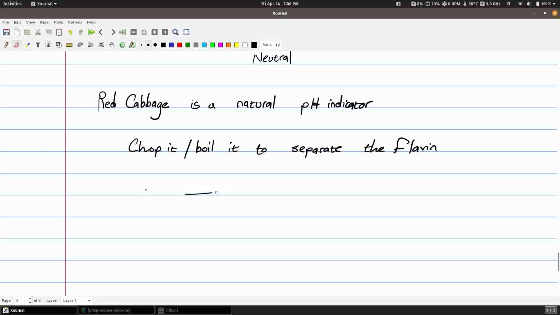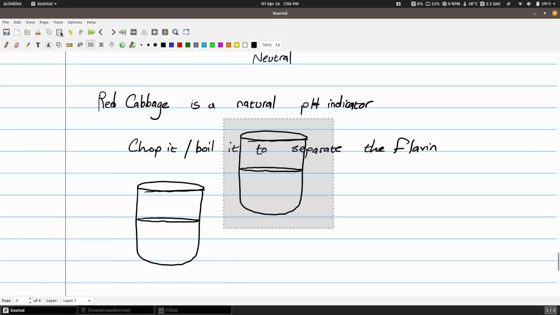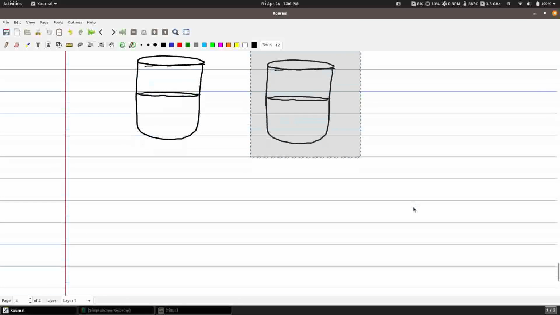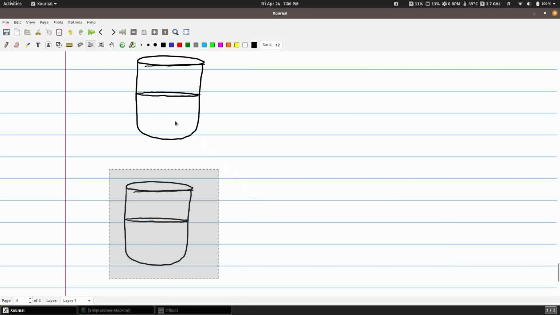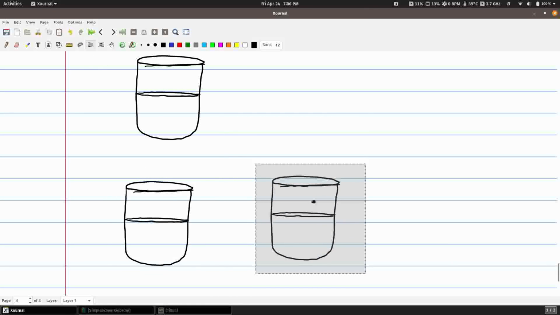So let me draw a good beaker and make several copies of it so I don't have to keep drawing it. Alright, let me make some copies of this so I don't have to do it over and over. So I'll drag this one down here. This one right here.